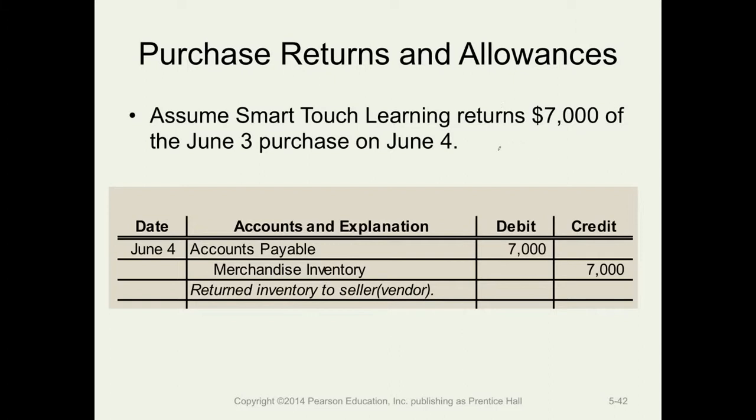So it's the same. If it was an allowance, it reduces your cost of inventory and it reduces what you owe the vendor. There's a debit to accounts payable to reduce the amount you owe to the vendor, and it reduces the amount of merchandise inventory. It lowers the cost of inventory.